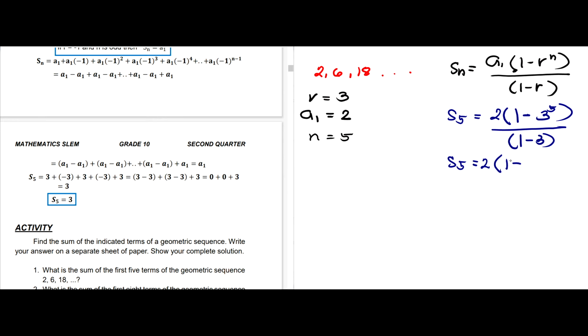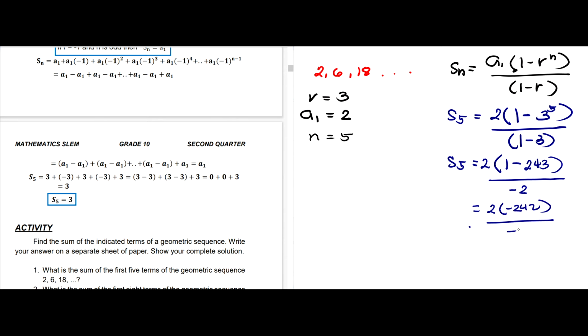So, we have 3 raised to 5. The answer is 243. All over 1 minus 3, that's negative 2. So, this is 2 times 1 minus 243, which is negative 242.